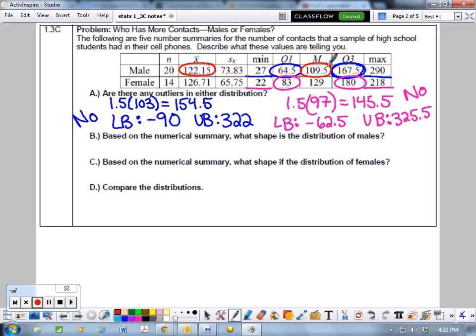Based on this, my mean is bigger than my median. And since the mean is bigger than my median, that means my tail is going to be over here on the right-hand side. So for males, our distribution is right skewed because of that relationship between the mean and the median.